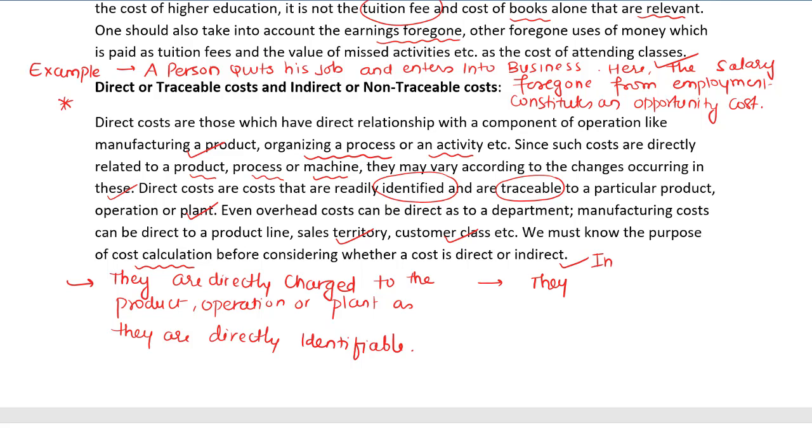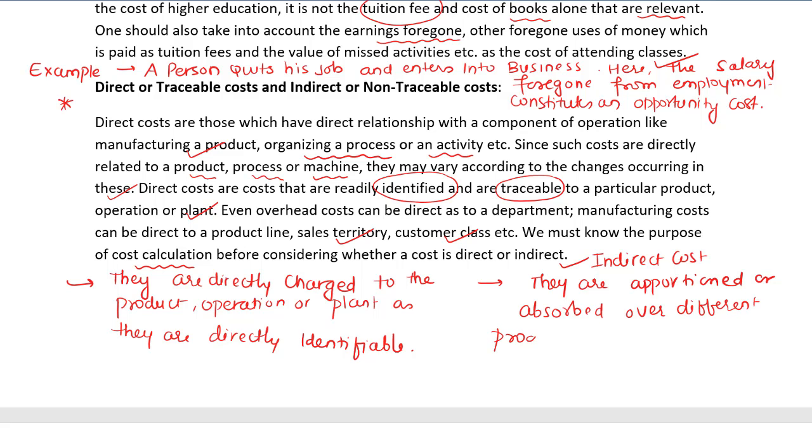Indirect costs are apportioned or absorbed over different products or departments using an appropriate basis.